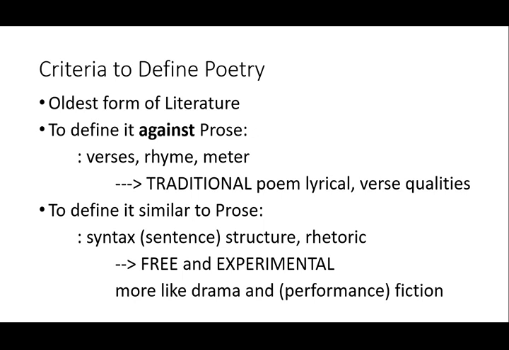Now, if you do so, the more useful tool to analyze the modern, that is to say, the free and experimental kind of poetry, is to look at its sentence structure, the rhetoric parts, and basically the meaning. So you're doing an analysis a bit more similar to what you do on the prose.